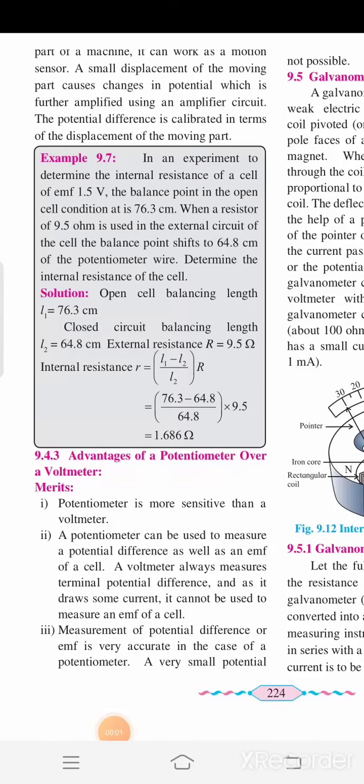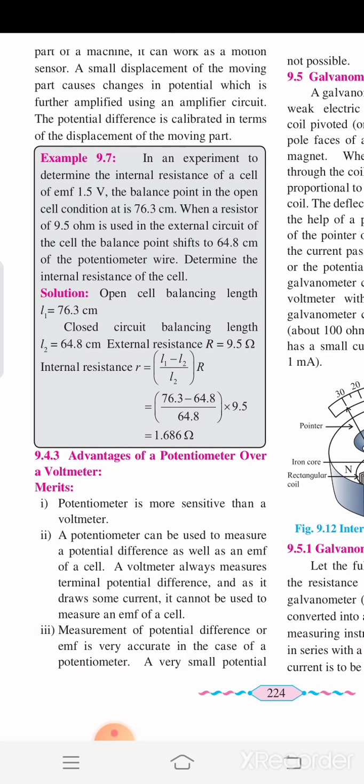Hi students, in the last video we studied the different points of chapter number 9, current electricity. That is, first Kirchhoff's laws, second applications of Kirchhoff's laws, that is, first the Wheatstone meter bridge, second Kelvin's method, and third the potentiometer.